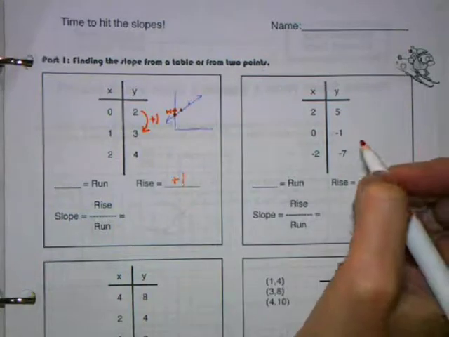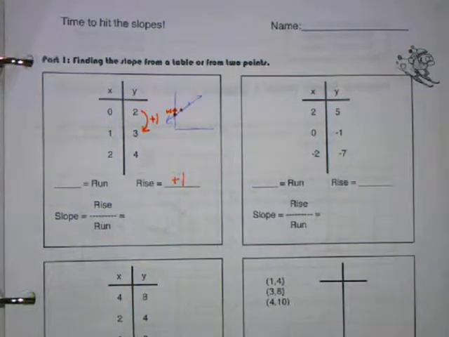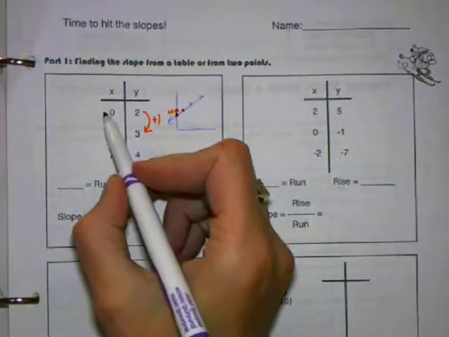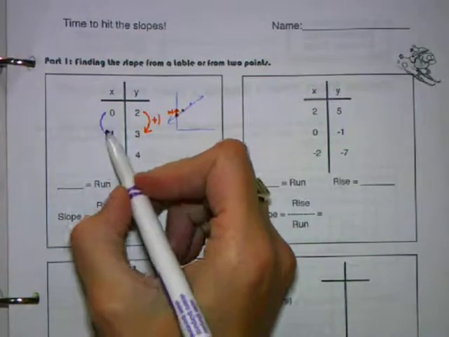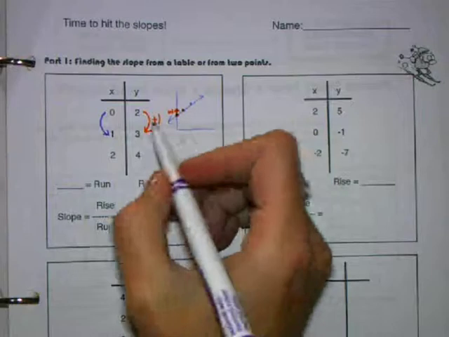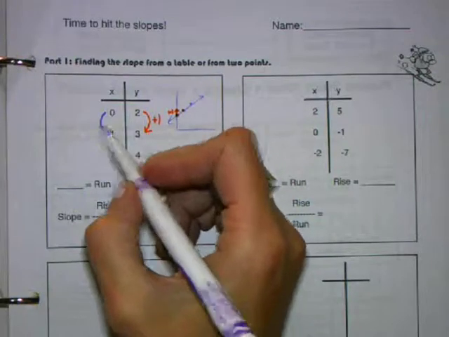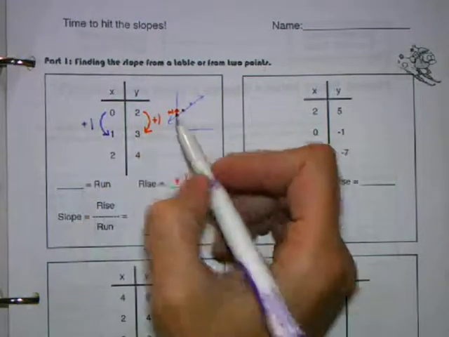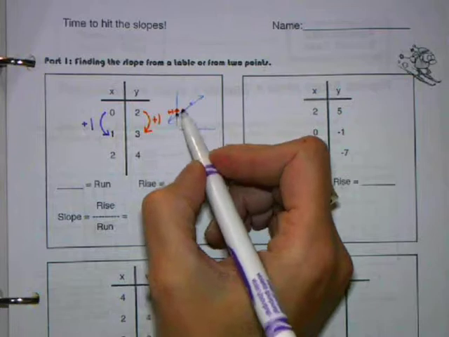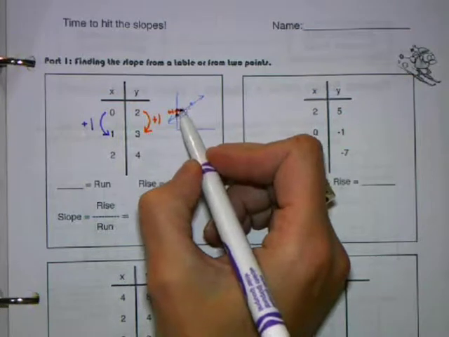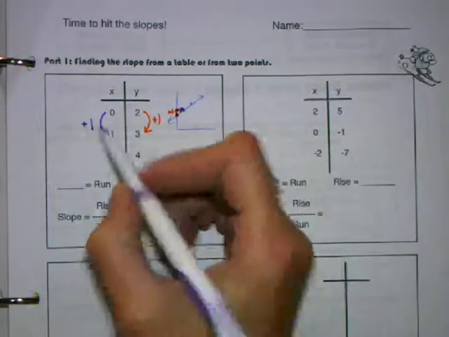We're going up 1. Now if we switch over to the other side and we look at the x-coordinates, as we go from an x value of 0 to an x value of 1, again, the number is increasing or going up by 1. So in this point to this point, we go from an x value of 0 over to an x value of 1.